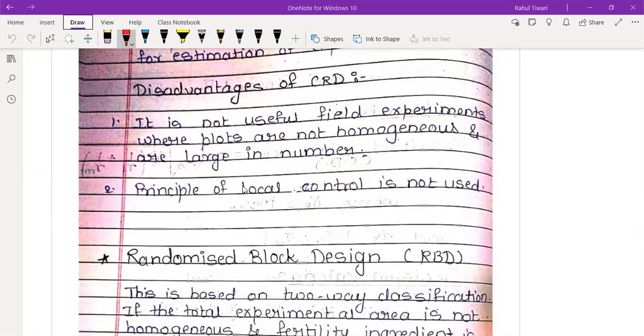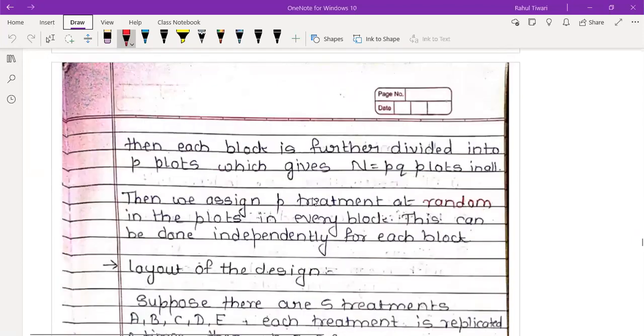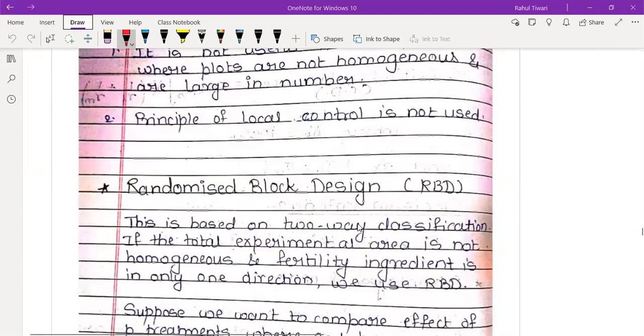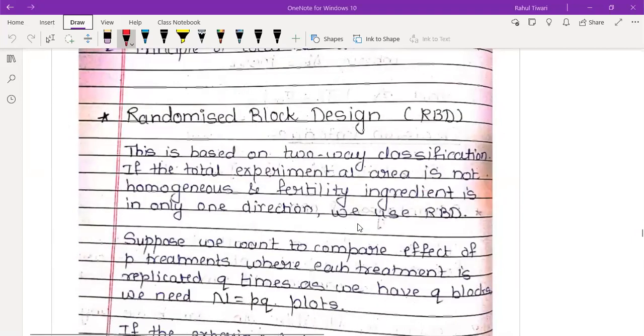As I said, CRD is very simple. If you know one-way ANOVA and you compare the calculations and everything, it is going to be the same.